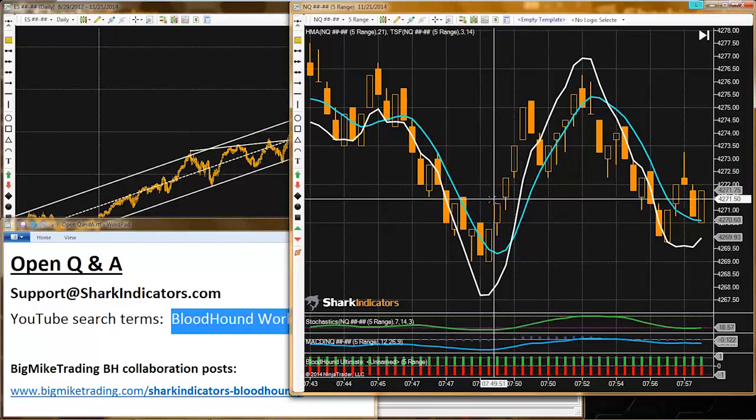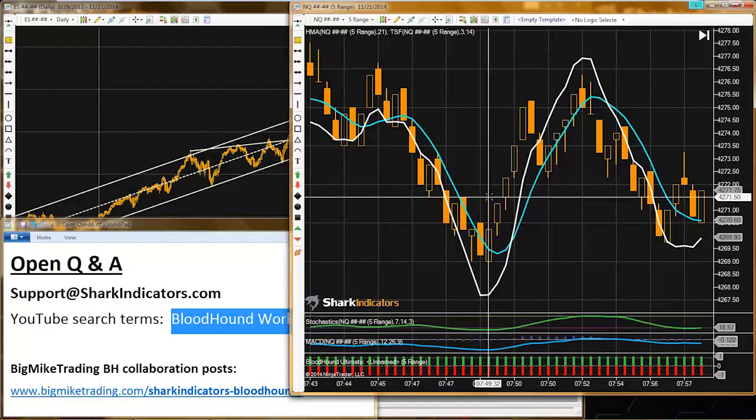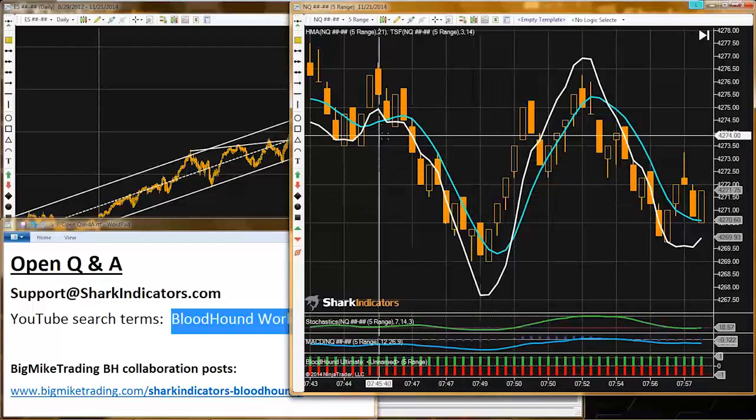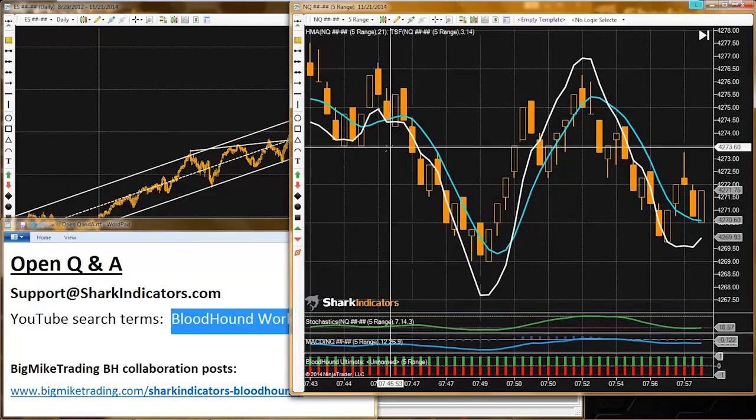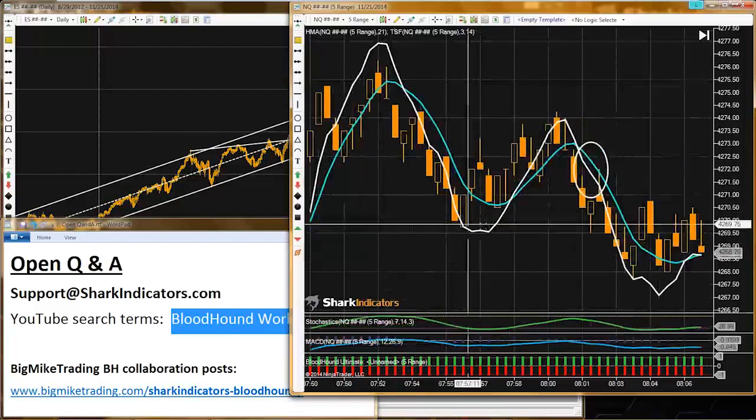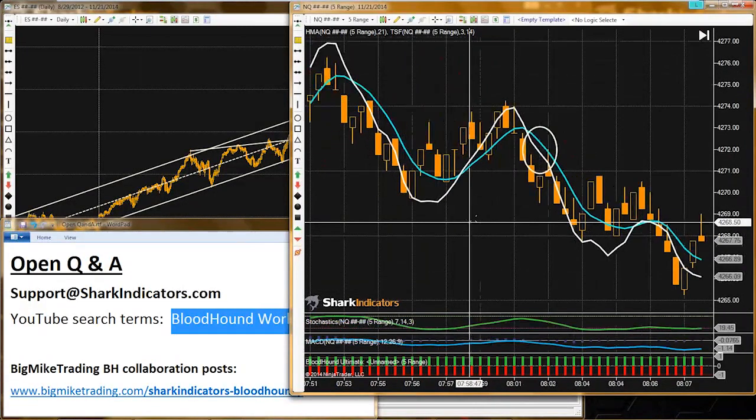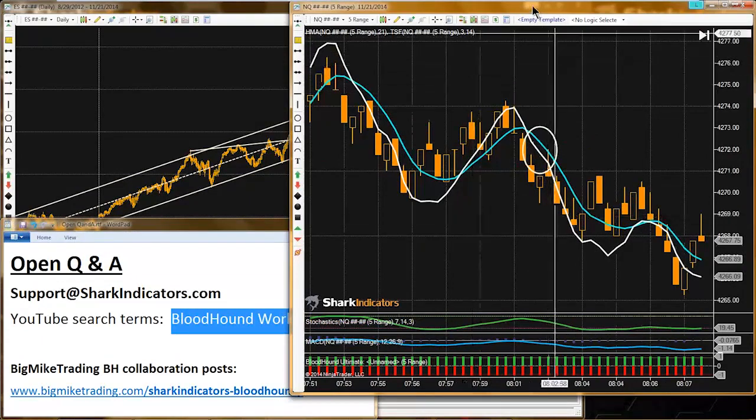Because I think it's going to be pretty rare that you ever find any two different moving averages 100% parallel. They're going to be parallel within a certain margin. So, yeah, we'll work with that.